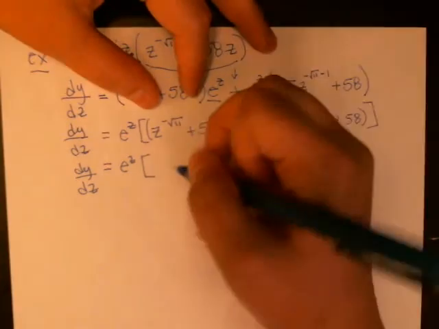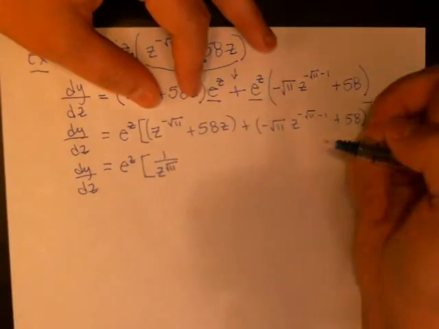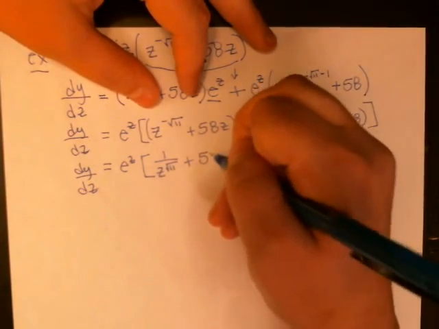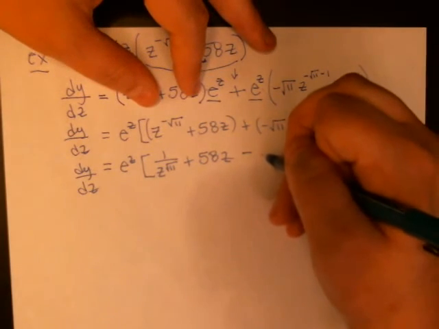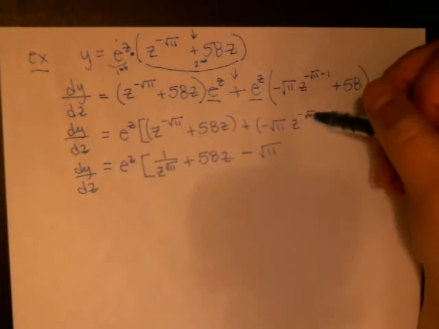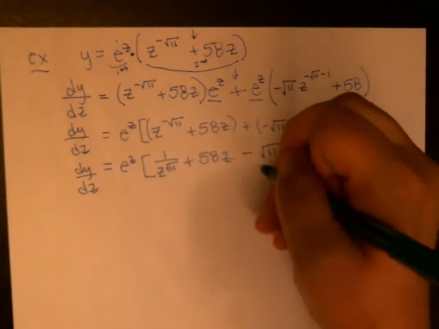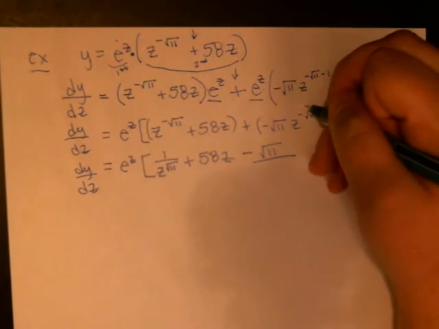So this is going to become 1 over z to the root 11. And then my plus 58z looks fine. And then I have minus root 11. And this one I actually think is really interesting. Here, we do want to move this down into the denominator, but you want to think really carefully about how that works.